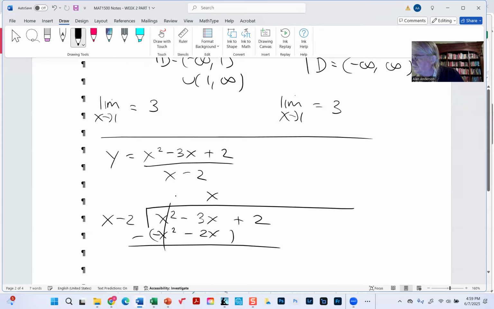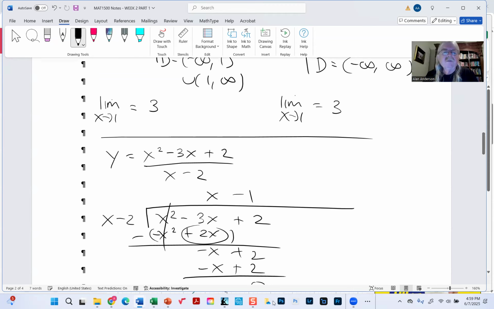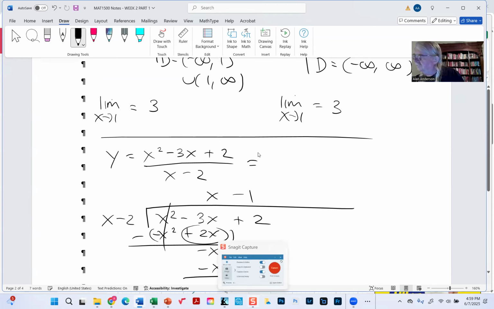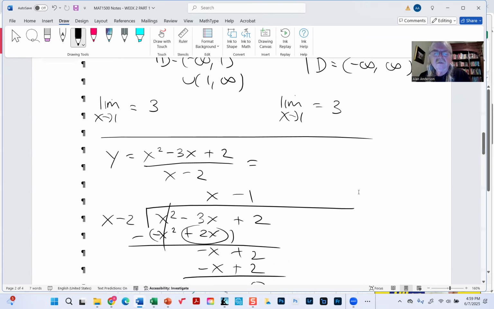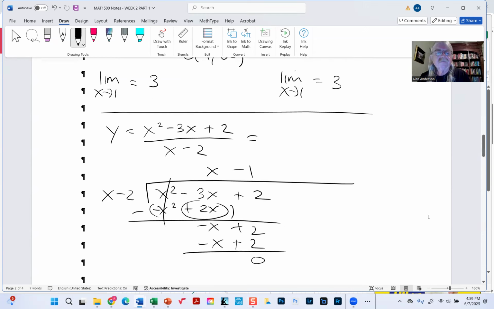This becomes negative, this becomes positive. So we have negative x plus 2, so minus 1. That'll do the job. So what that means is this ratio reduces to x minus 1, which is obviously a linear function.